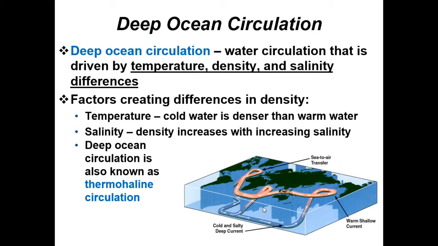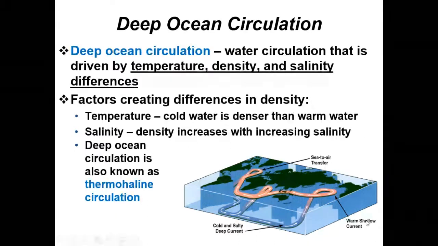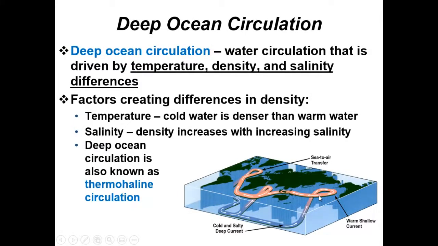When we put these three factors together, high salinity is always going to be associated with dense cold water. Low salinity is always going to be associated with less dense, warmer water. Temperature, density, and salinity are all interrelated, but really it's differences in those variables that cause the movement of ocean circulation.